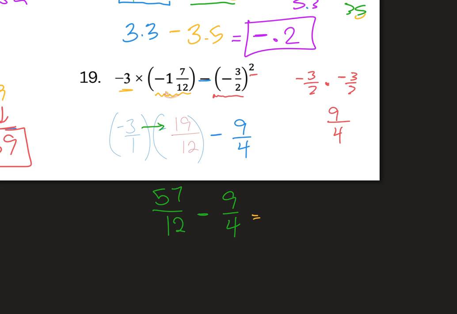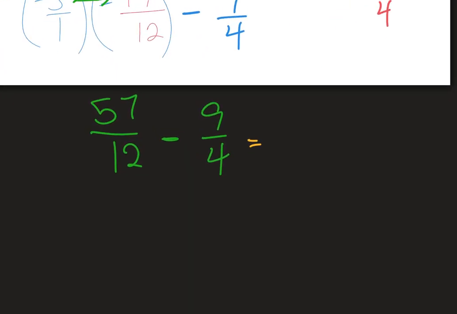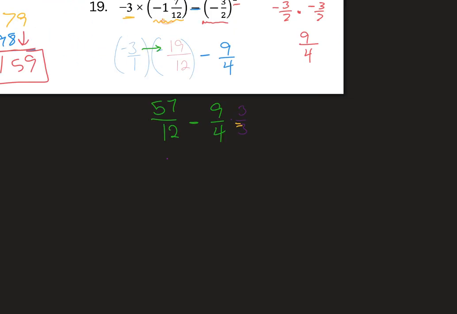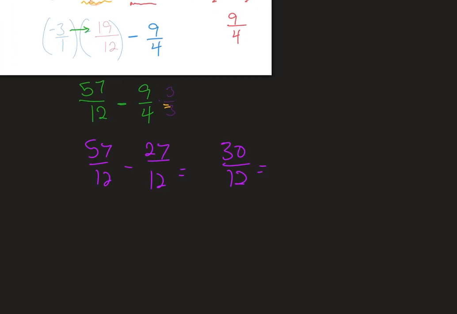Okay, so what are we going to do with that? Well, we need a common denominator. So I'm going to multiply this by 3 over 3. We get 57 twelfths minus 27 twelfths. That is 30 twelfths, I believe. And now we can reduce that by dividing by 2, divide by 2. Actually, you know what? I know that we can divide that by 6.